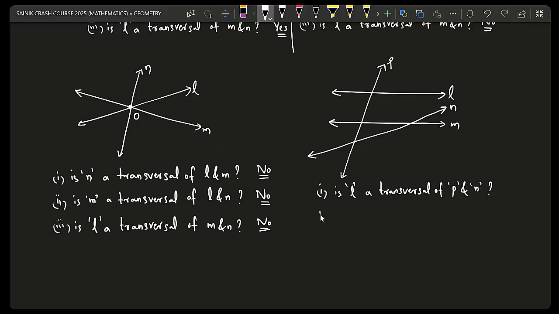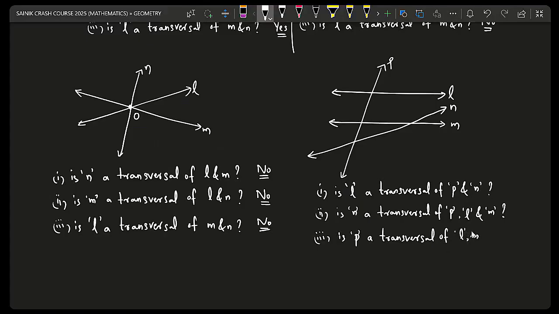Second: is N a transversal of P, L, and M? And one more: is P a transversal of L, M, and N? These three questions you are going to answer now.